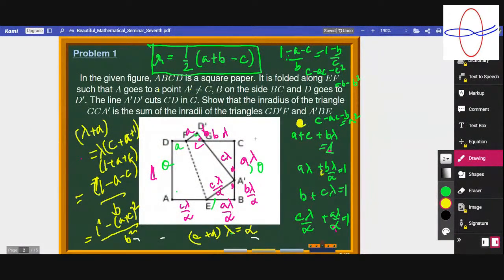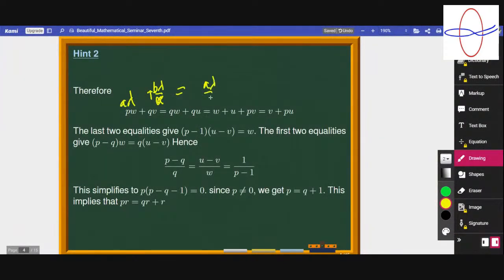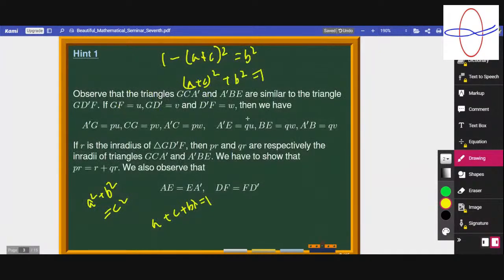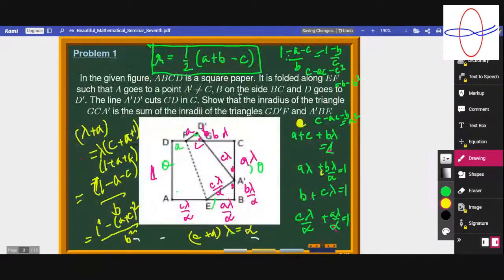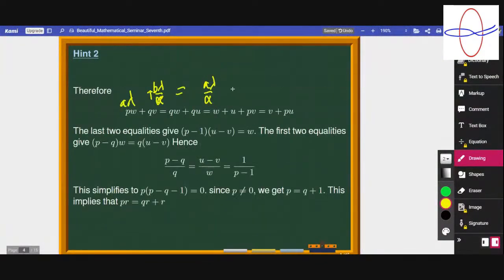BE is A lambda by alpha plus QU is A dash E, which is equal to C lambda by alpha equal to W plus U plus PV.